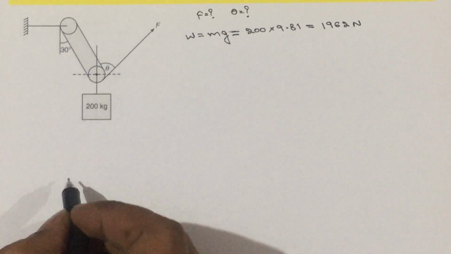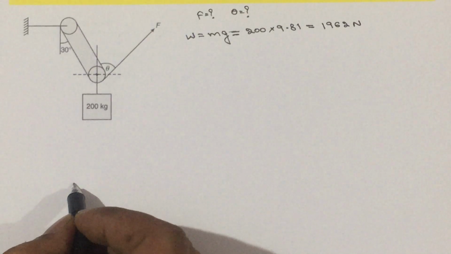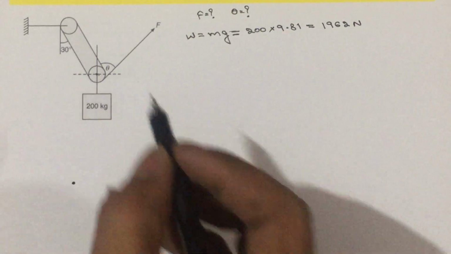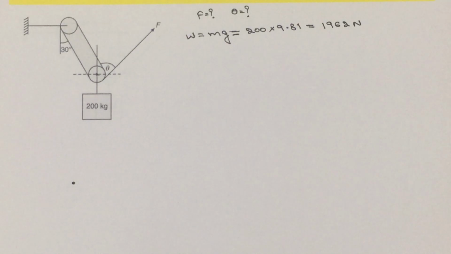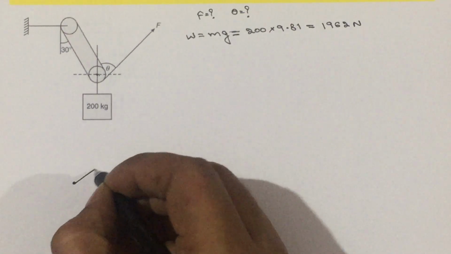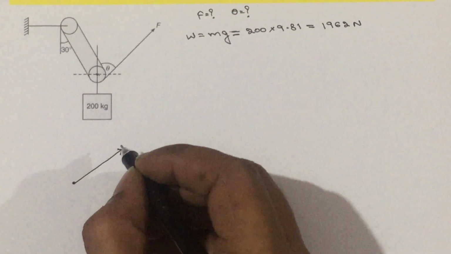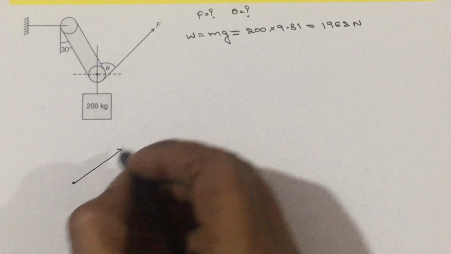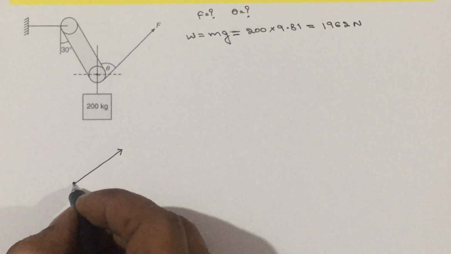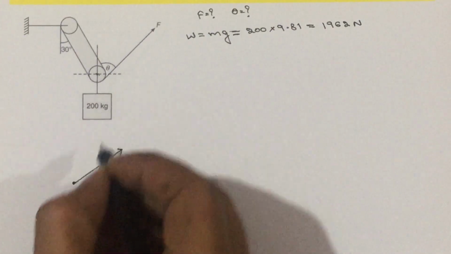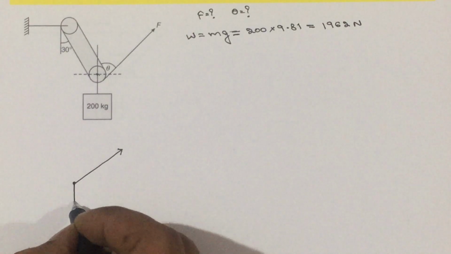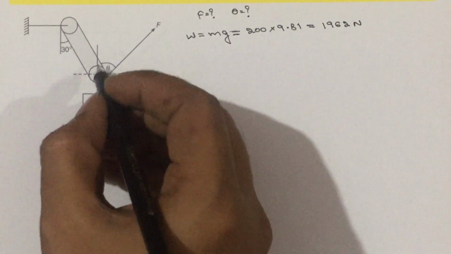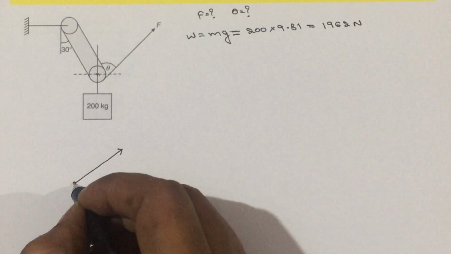I will choose this point, then write the connected lines. This side we have F, just write the lines, one line, then the weight is acting, weight always acts vertically downwards, then another line is acting like this.